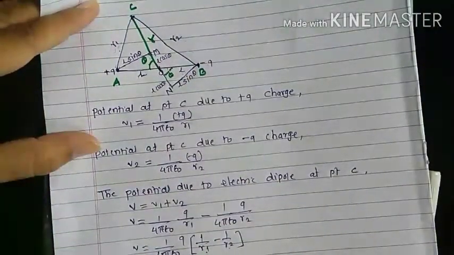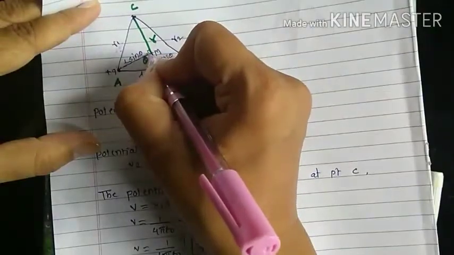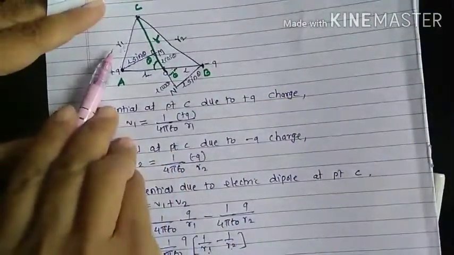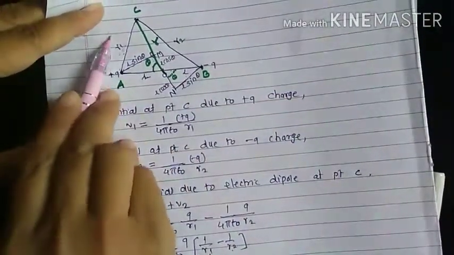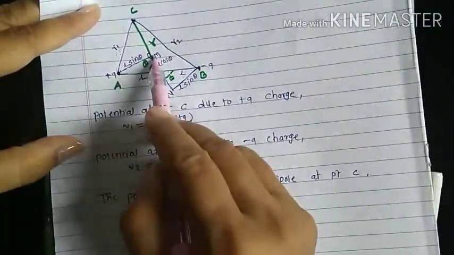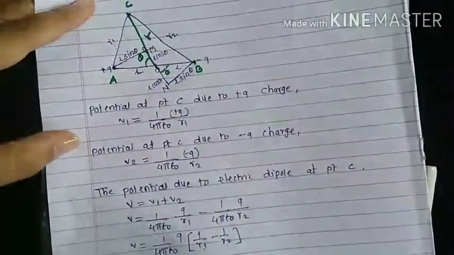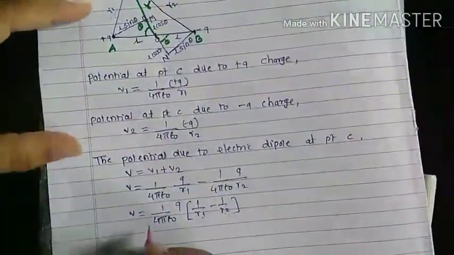Now, by using geometry of a figure, if this angle is of 90 degree, we have to determine R1 square. R1 square is equal to AM square plus CM square. Let me write here.